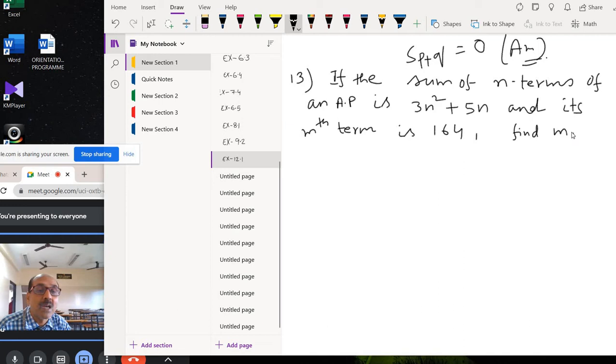So sum of n terms of an AP is 3n square plus 5n and its mth term is 164. Find the value of m. Okay.